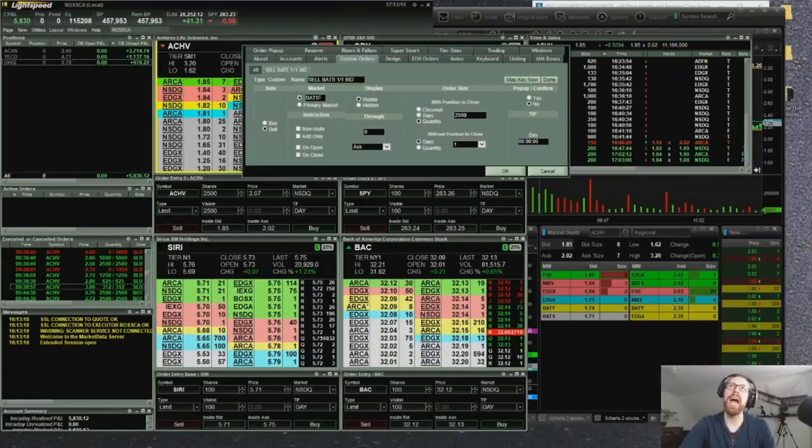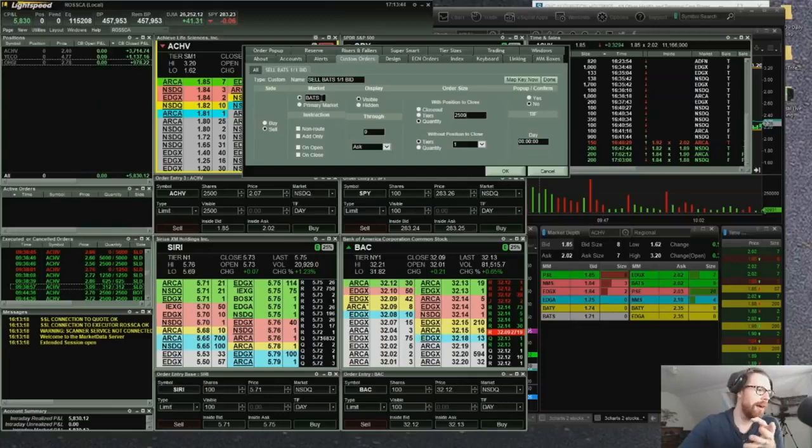Now, I started using BATS about 6 months ago, and I've been really happy with it. For a long time, I used EdgeX and I used Arca, and I had a couple of issues where I would try to place an order and I would get an error message that said the position exceeded risk tolerance or something like that. It happened a couple times, and so I quickly switched to BATS, sent the order, and it worked.